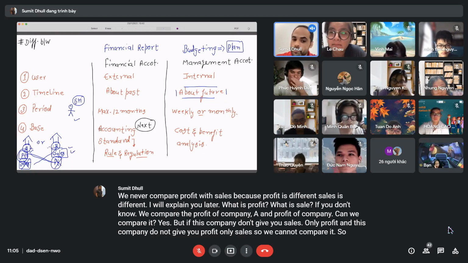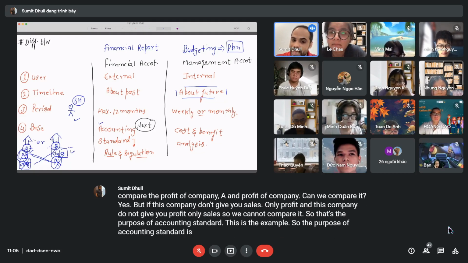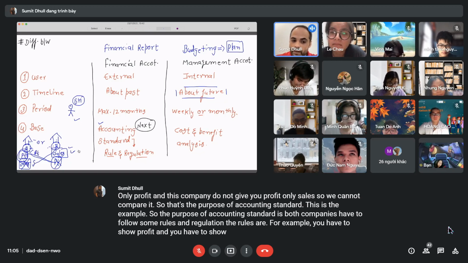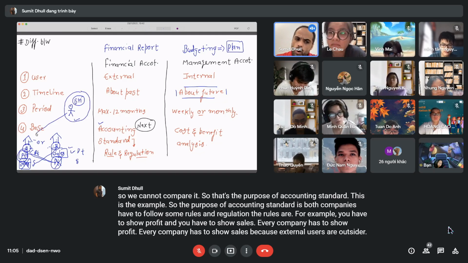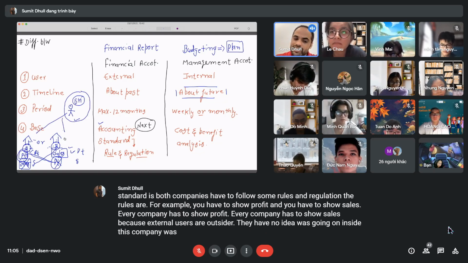So that's the purpose of accounting standard. This is the example. The purpose of accounting standard is both companies have to follow some rules and regulations. The rules are, for example, you have to show profit and you have to show sales. Every company has to show profit. Every company has to show sales, because external users are outsiders. They have no idea what's going on inside this company, what's going on inside that company.